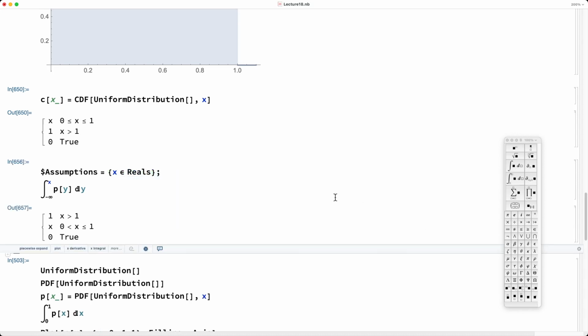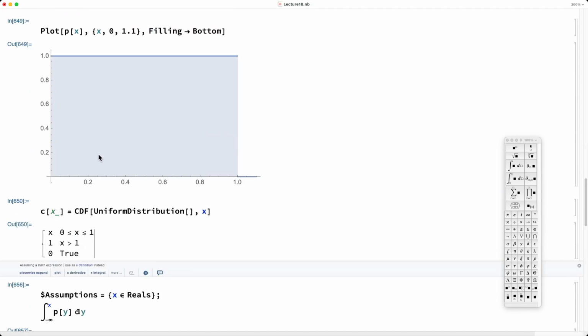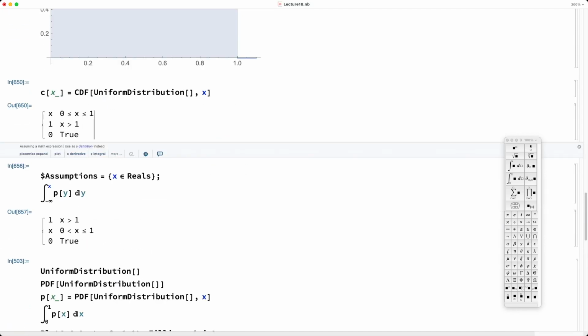And that was a weaker assumption. So now we get these 3 cases, and you can check that this result is the same as this result. So the CDF, or the cumulative distribution function, has this form, which is basically integrating over this from minus infinity to x.